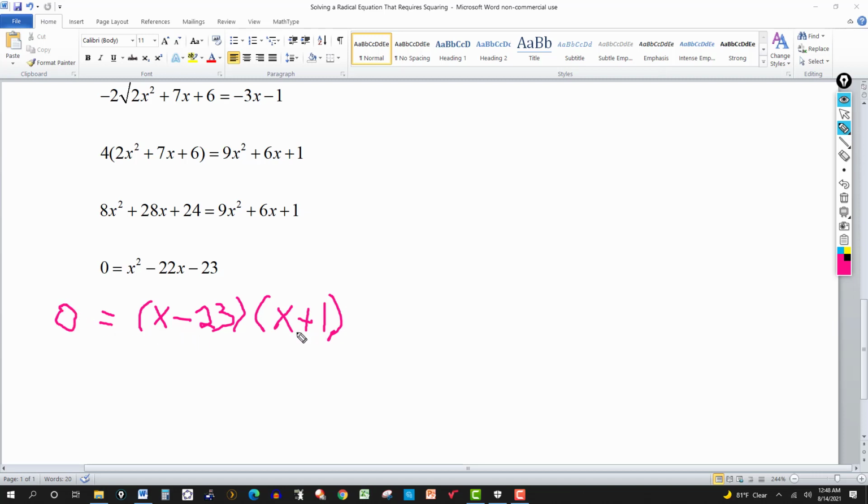So you set each factor equal to 0 and solve for x. So this would tell me that x could be 23. Or x can be negative 1.